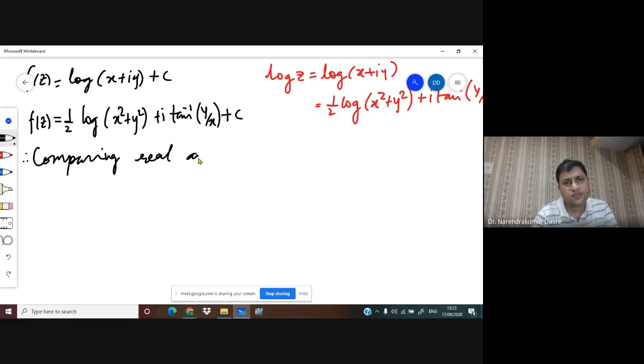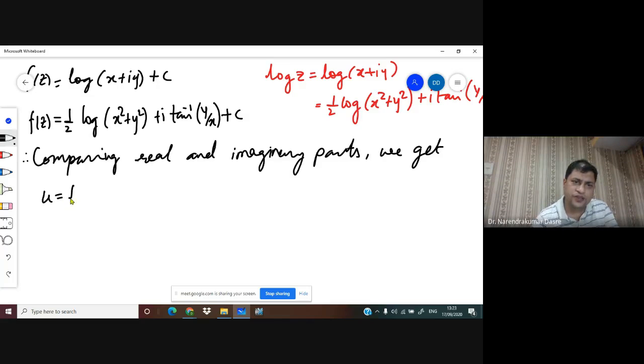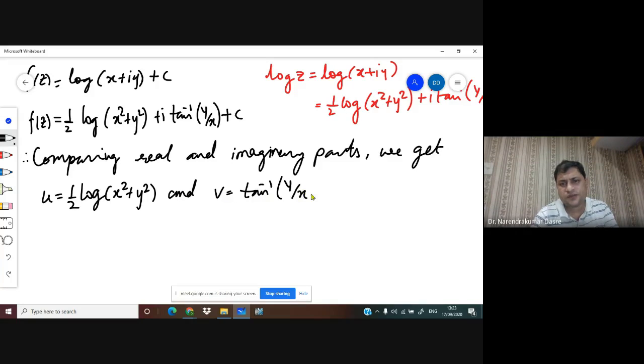Comparing real and imaginary parts, we get u is equal to half of log of x square plus y square, and v is tan inverse of y by x. So we got u and v.